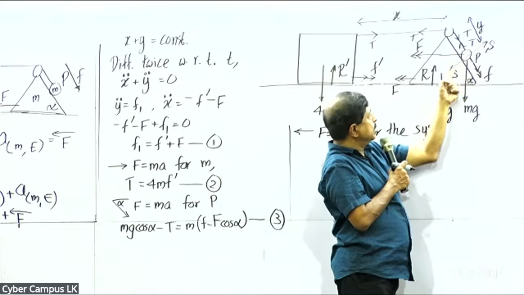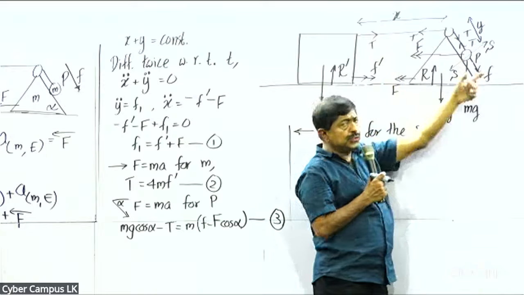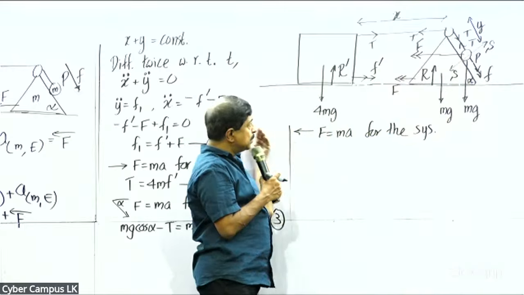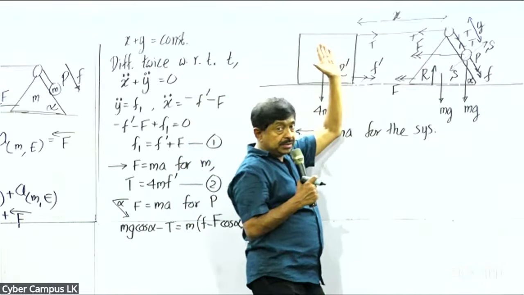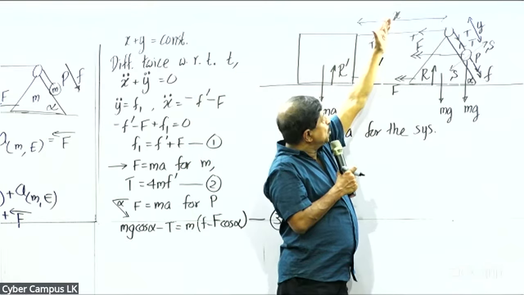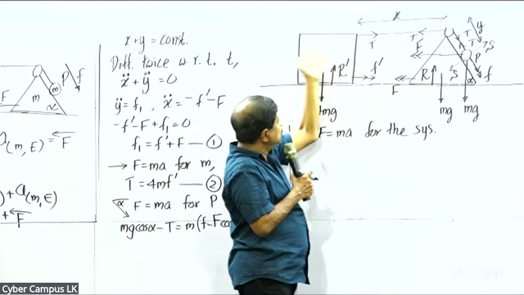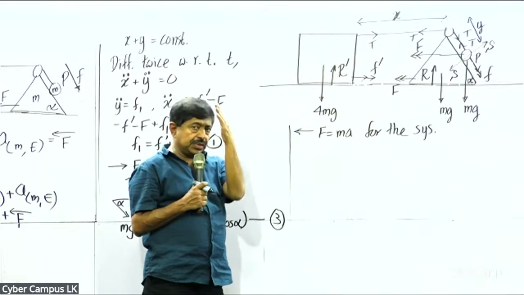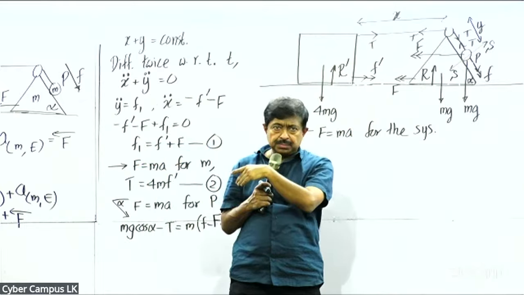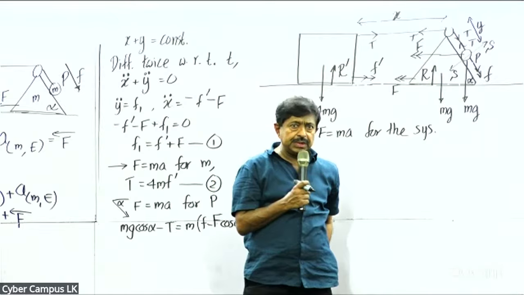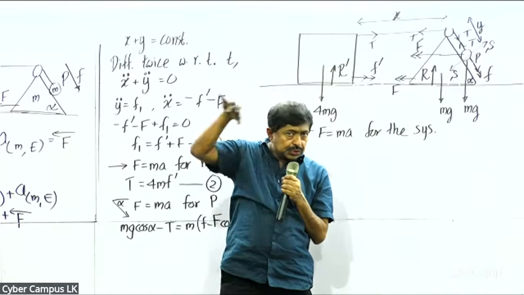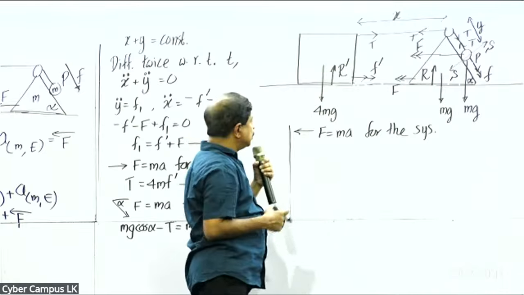This is an internal reaction, and T is also getting cancelled because you are applying it horizontally for the entire thing. There's no wall here. If you have a wall, then you have to stop it from somewhere here. But this is also moving. So if a wall is attached to some other parts, we don't know exactly what forces are involved in the problem. That's why we exclude the wall. But in this case, we don't have such a problem.